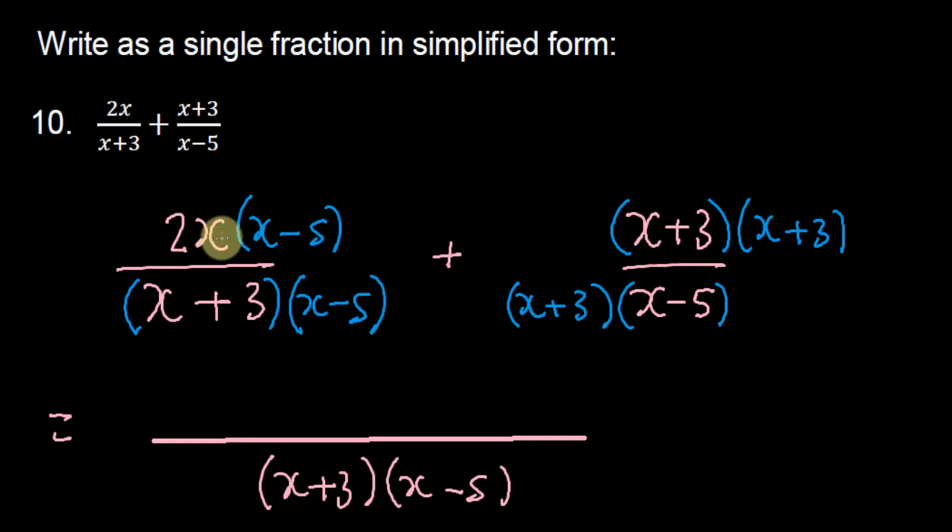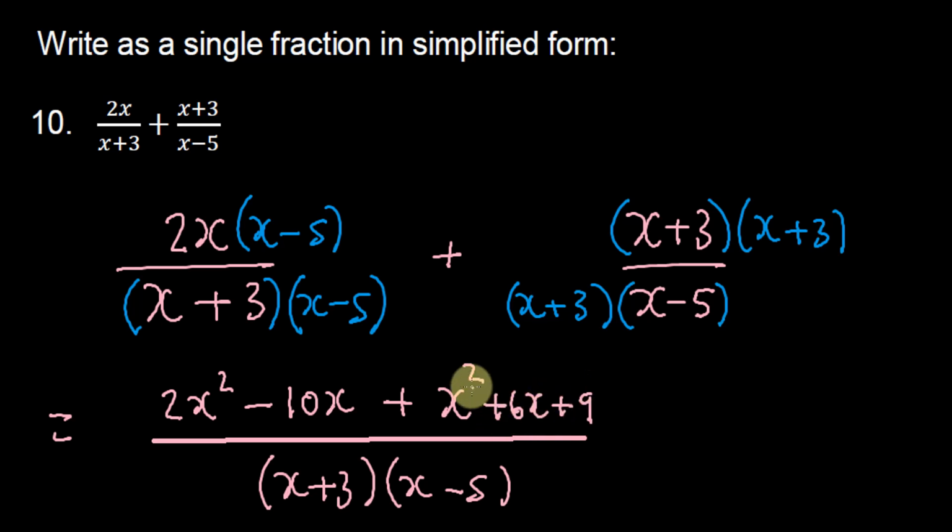We can multiply out in the numerator, so 2x times x is 2x squared, and 2x times negative 5 is negative 10x. We can also multiply these brackets, and we're going to get x squared plus 6x plus 9. There's no need to put these terms in brackets because we have a plus outside.